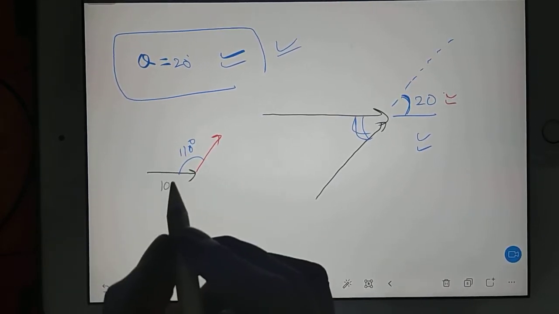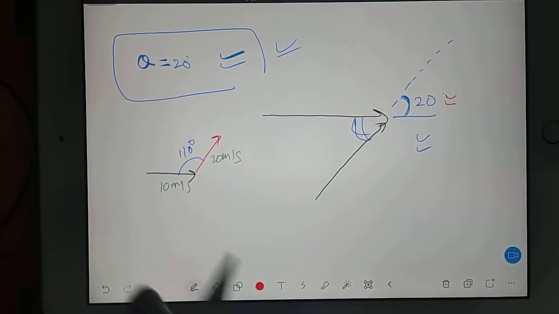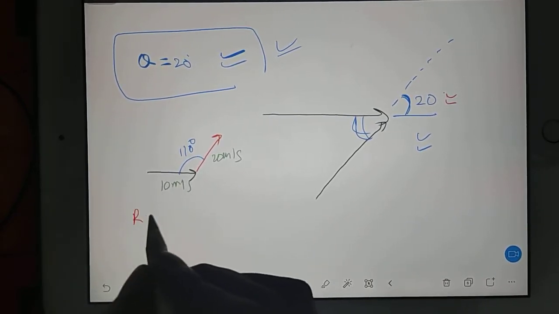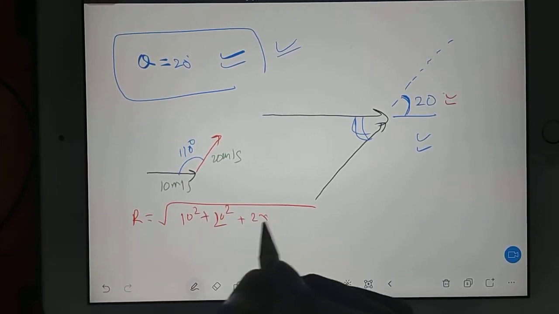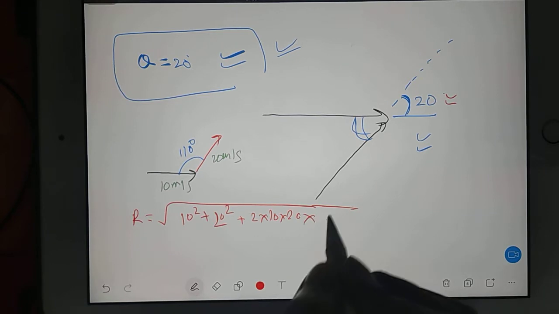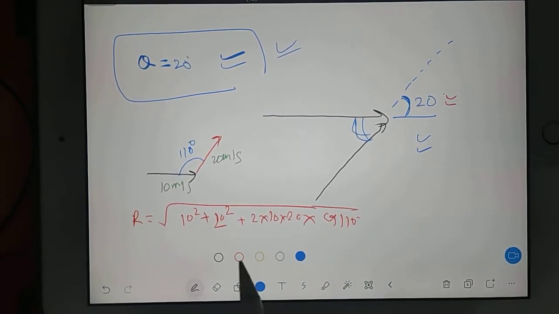Suppose I am giving 10 meter per second here and 20 meter per second here, and I ask for the final velocity. Then students may write resultant equal to 10 square plus 20 square plus 2 into 10 into 20 into cos 110, because they are habitual. In a hurry they will make a mistake because they will not bother which theta is given.